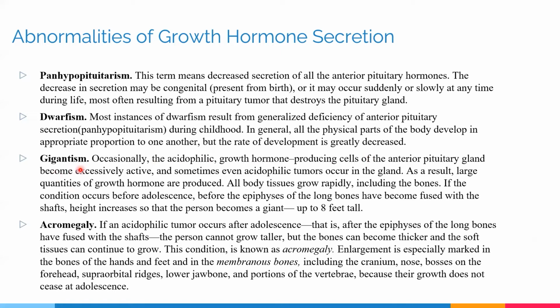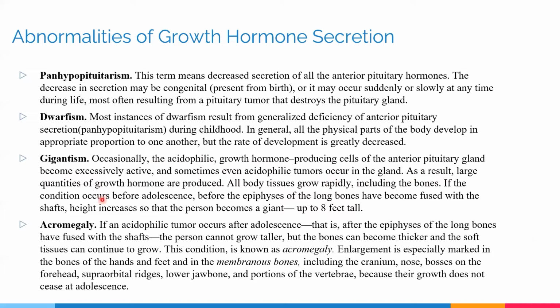Next is gigantism. Occasionally, the acidophilic growth hormone producing cells of the anterior pituitary gland become excessively active, and sometimes even acidophilic tumors occur in the gland.